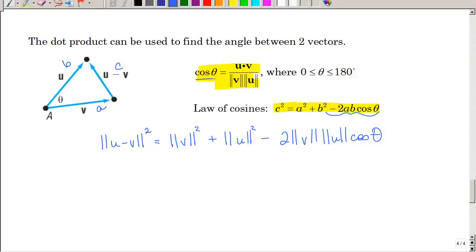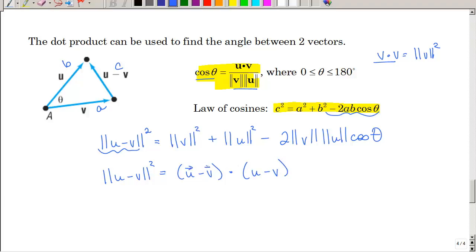Well, I've got a cosine and I've got some magnitudes, but where does that dot product come from? Earlier we learned on the dot product that if you dot a vector with itself, you get the magnitude squared. So I'm going to replace this using the idea of dotting it with itself. Let's take u minus v squared and write that as u minus v dotted with itself.